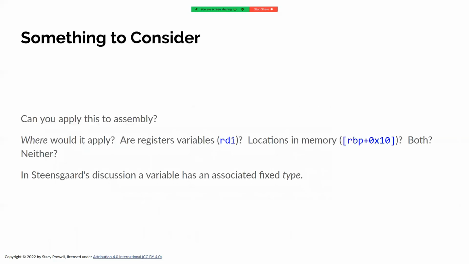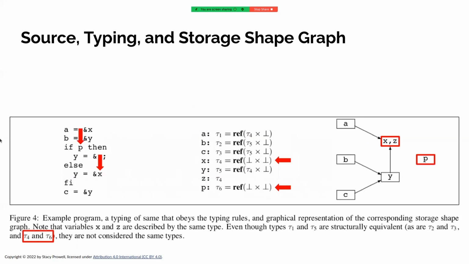So we might start out with all of the variables here and just give them tau 1, 2, 3, 4, 5, 6, and 7. We could have done it that way, and they would all have different types. Then over time, we would learn that we could merge certain types, like X and Z, and make that change.